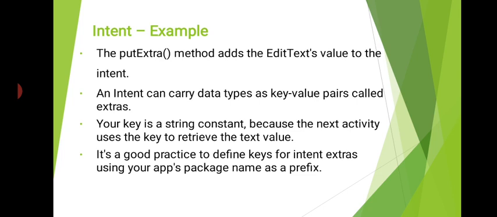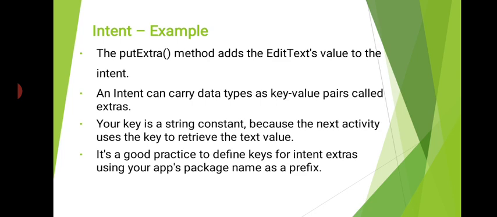The putExtra method adds the edit text value to the intent. An intent can carry data types as key-value pairs called extras. Your key is a string constant because the next activity uses the key to retrieve the text value.